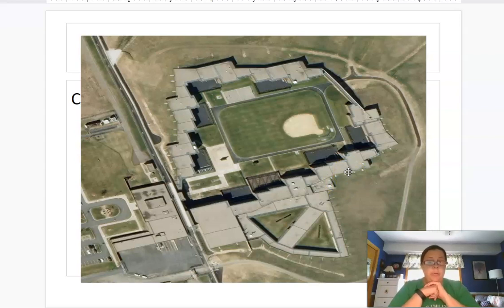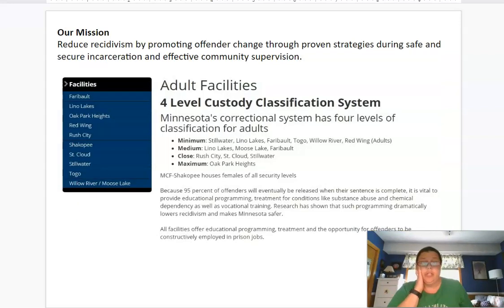When they built Oak Park Heights, they wanted to make sure there was no chance of inmates escaping, so they built the prison down. Anything on the outside here is actually rock quarry. So the way to escape would be to climb up several stories inside here and try to get out on the roof. It's a very unique construction.